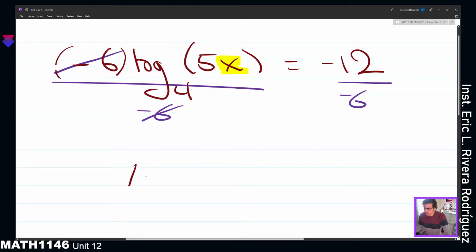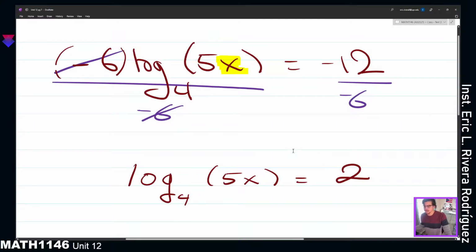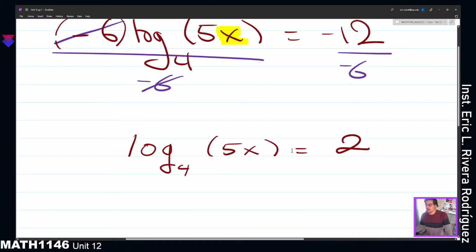And then we have log base 4 of 5x equals 2. Rachel, doing that, you will get the logarithmic function isolated on the left side, but with a negative 6 on top of 5 and x.